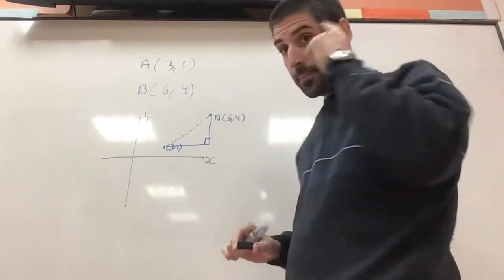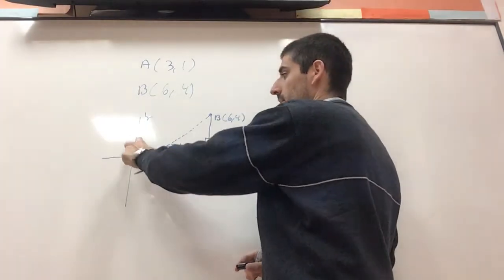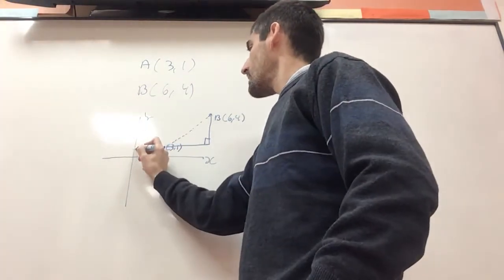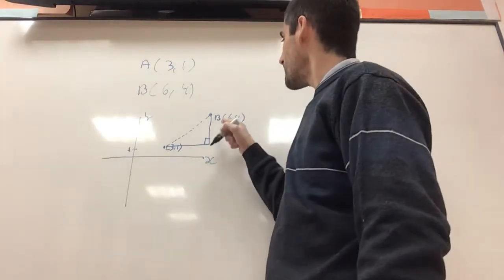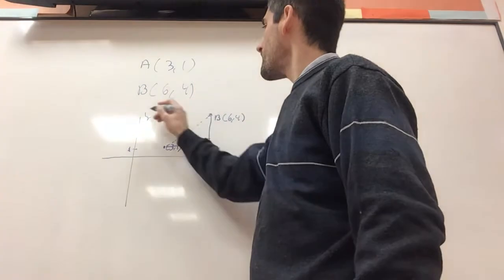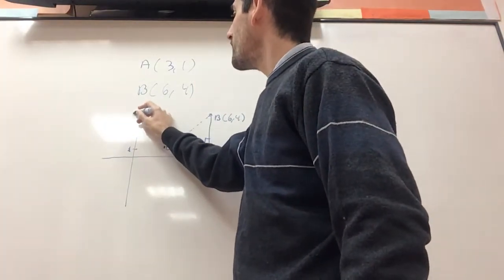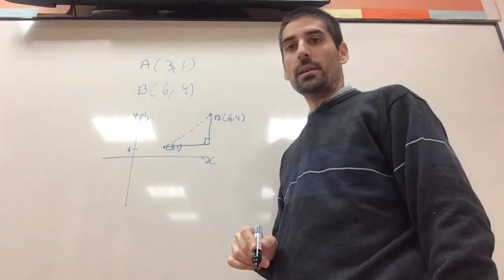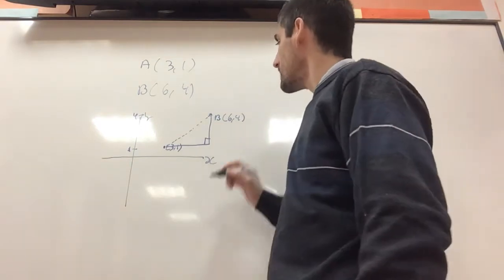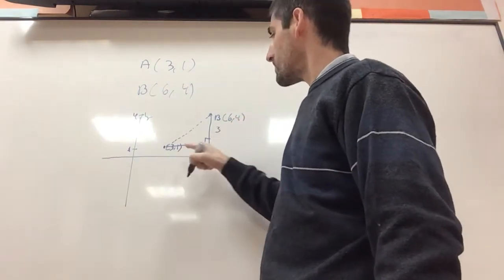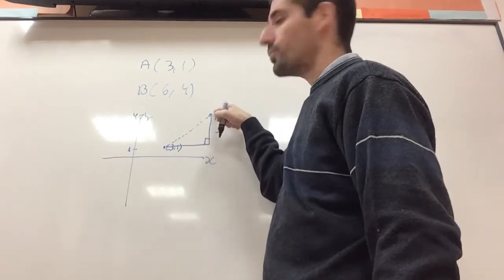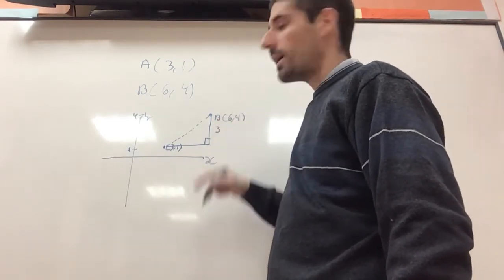Well, think about this point here is 1 on the y-axis, and this point 6, 4 is 4 on the y-axis. So 4 minus 1 is 3, because to go from 1 to 4, I'm going 3 up.